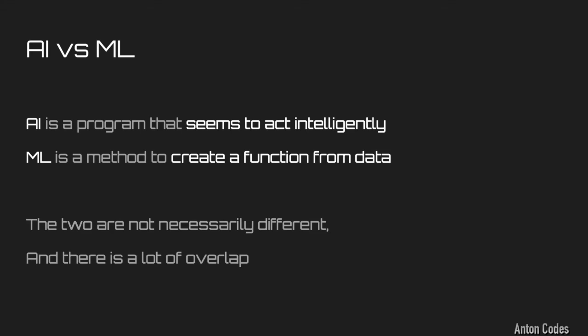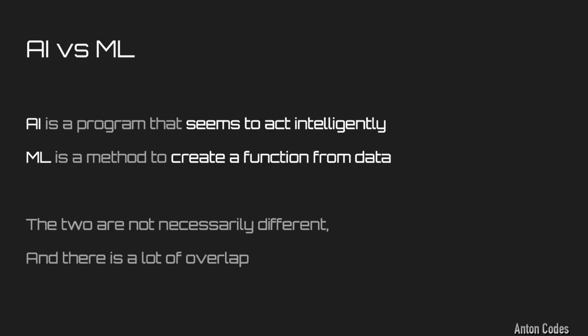So when someone says something is AI, what they're saying is that it's a program that seems to act intelligently. That's it. If we make a decision tree, if we make an if-else statement in our program that does something that seems intelligent, then we would call that AI. If what we're doing is creating a function from data, we would call that machine learning.